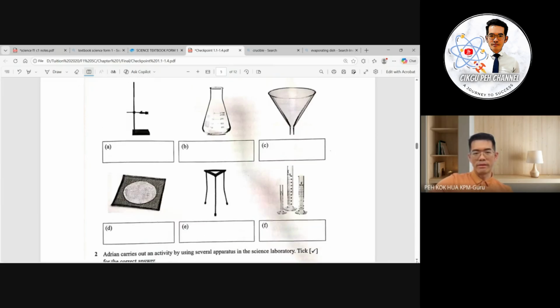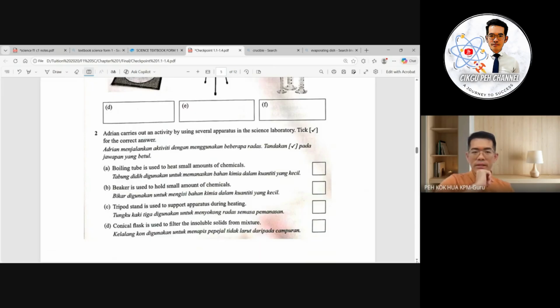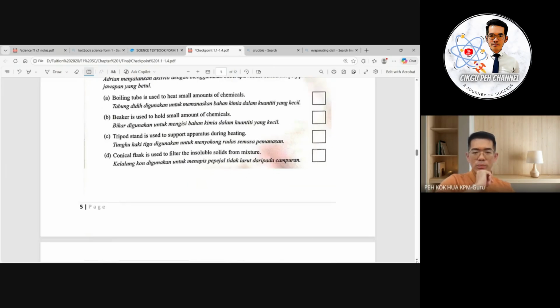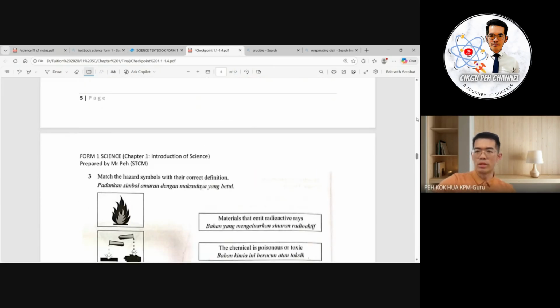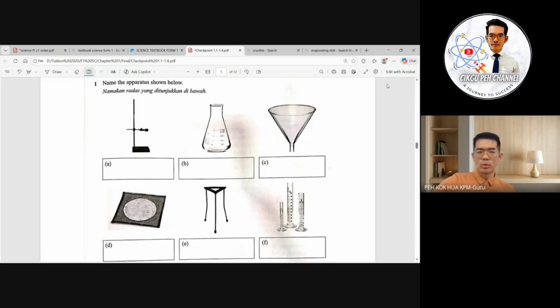Okay, so we have 6 apparatus. Let's see how many question can distribute. Okay, so we only got 1 page. Okay, we start from Catherine again now. Catherine, please give me the answer A and B. You have the question, right?